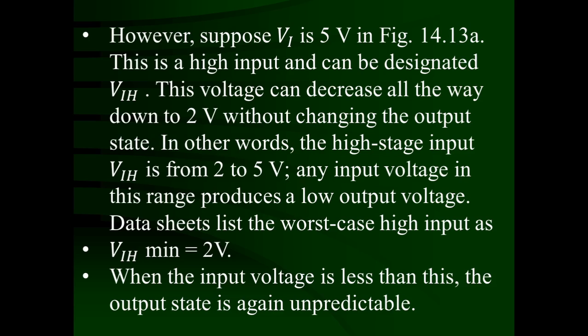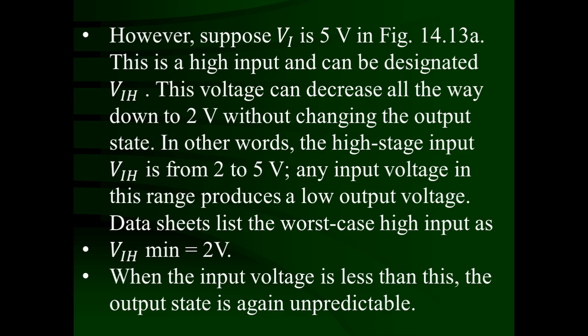In other words, the high state input voltage VIH is from 2 volt to 5 volt. Any input voltage in this range produces a low output voltage. Datasheets list the worst case high input as VIH minimum equal to 2 volt. When the input voltage is less than this, the output state is again unpredictable.